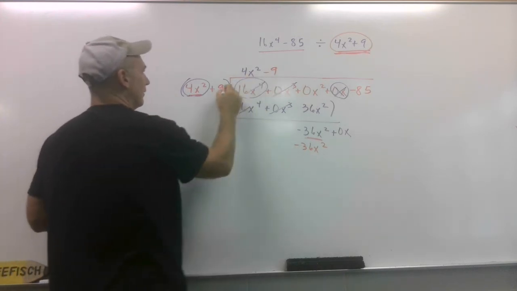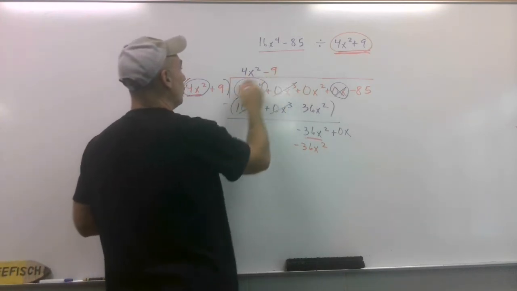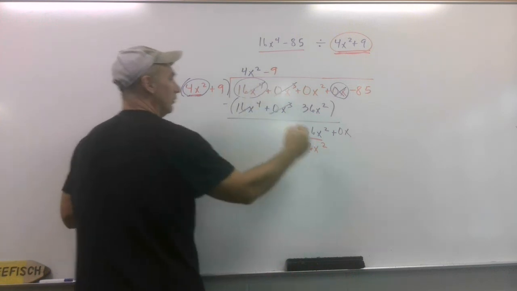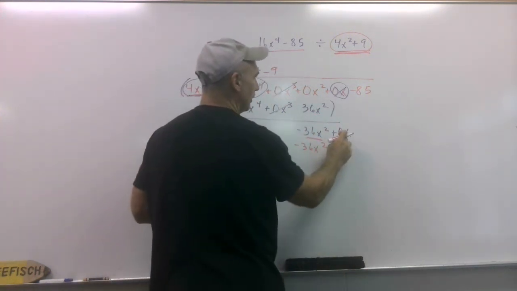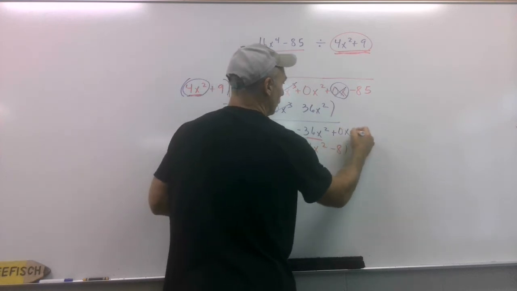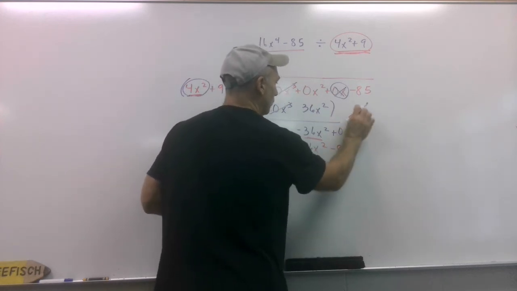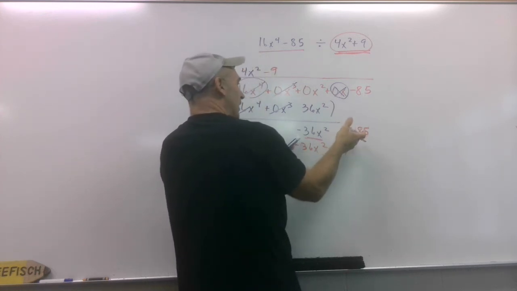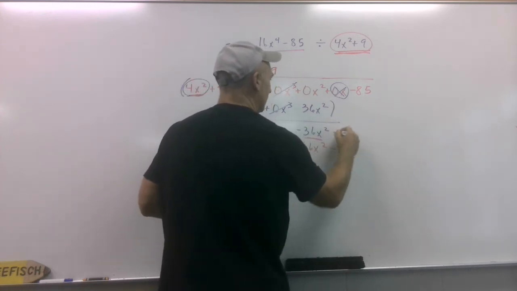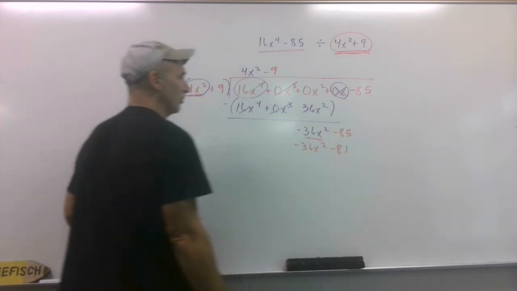And then I get negative 9 times 9 is 81, negative 81. So if I brought that down, I don't really have anything here. That's why I'm saying we should have brought that down, and this doesn't even really exist, but it's kind of like it's there, but it's not. So that's negative 85 right there, just bringing it down.